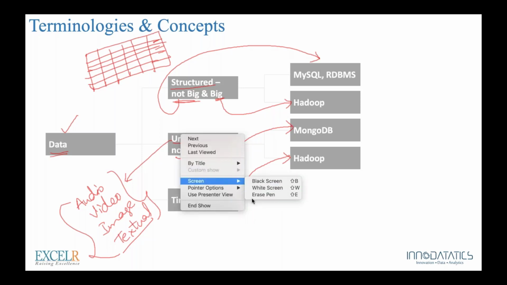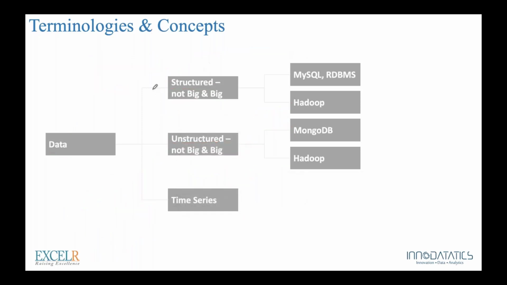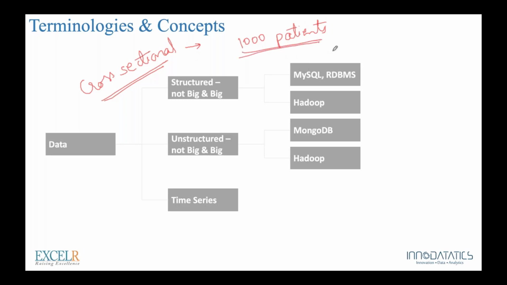Then this structured data, or maybe unstructured data, is also called cross-sectional data if the sequence in which you get the data is immaterial. Meaning for cancer prediction, for example, a specific hospital has data of say 1,000 patients.